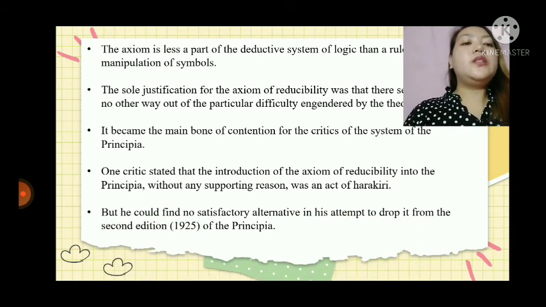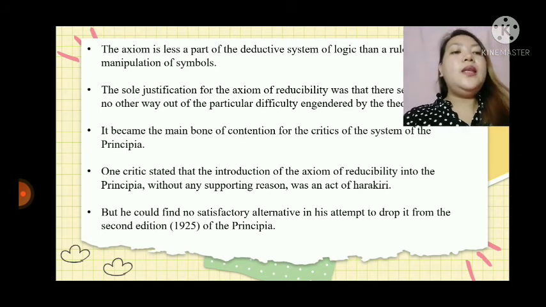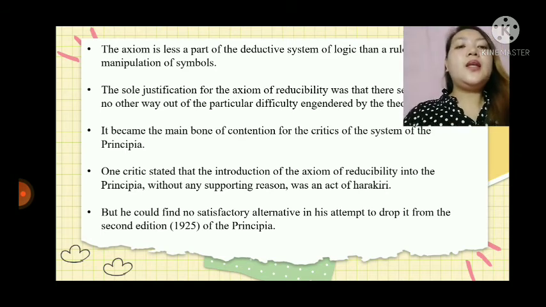But he could find no satisfactory alternative in his attempt to draft the second edition, 1925, of the Principia.